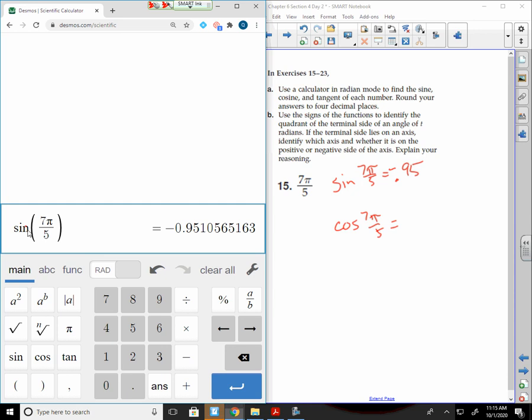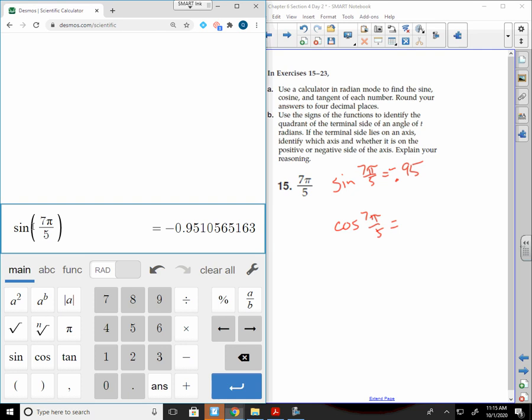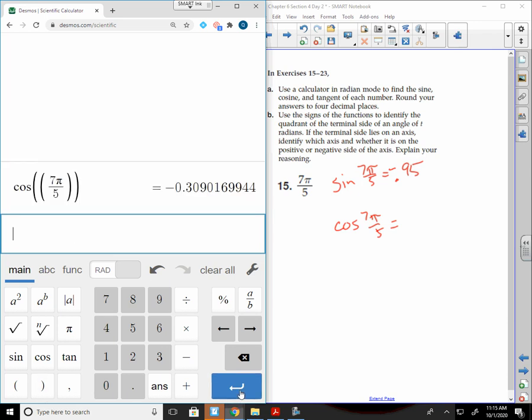I'm just going to go in here and make the switch. Just push backspace and put cos. It gives us negative 0.3.